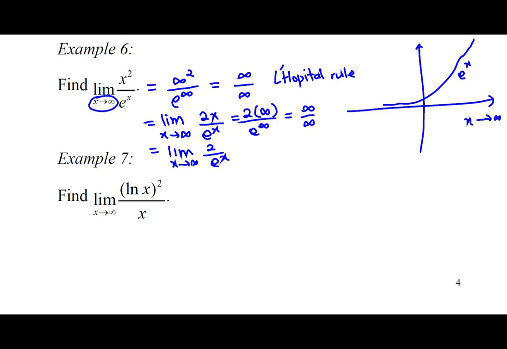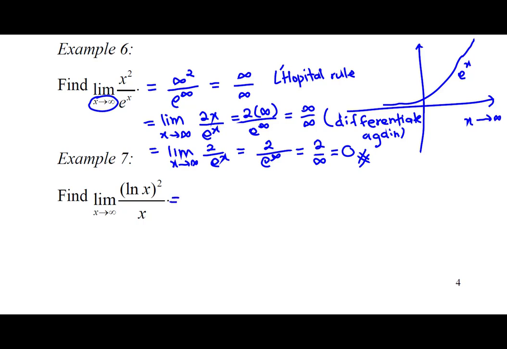Substituting infinity, you get 2 over e to the power of infinity, so 2 divided by infinity, you get 0. So the answer is 0.